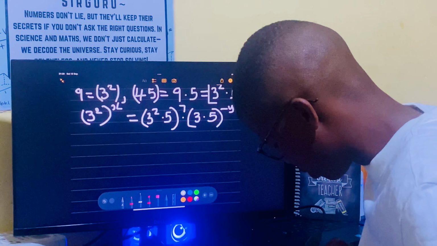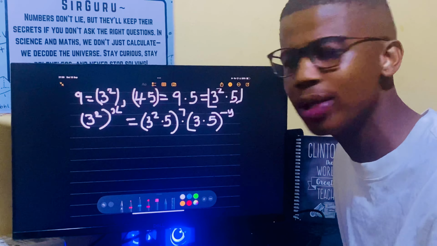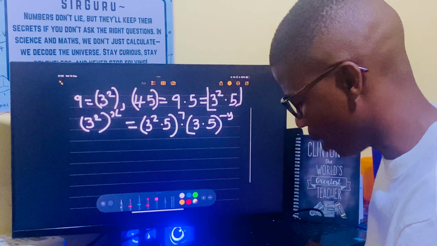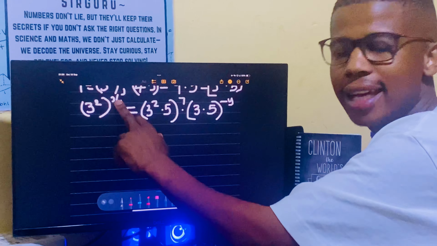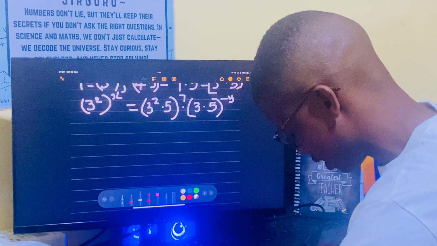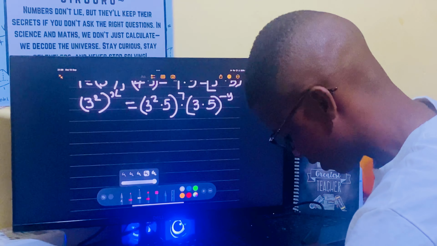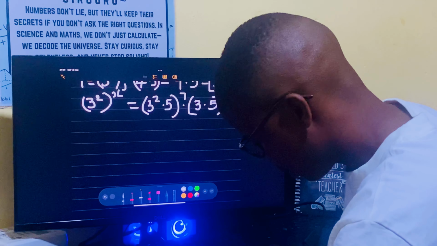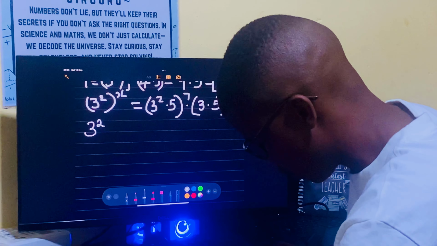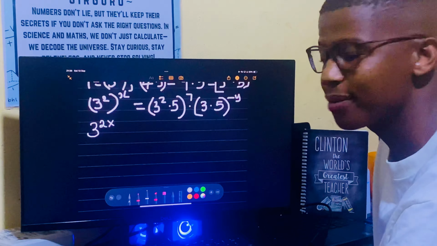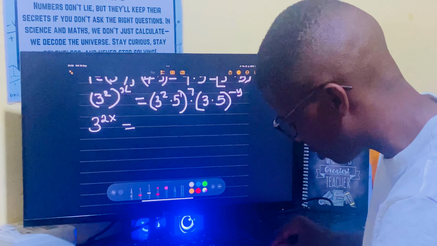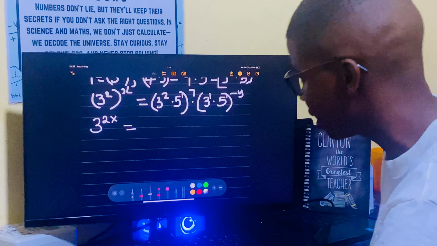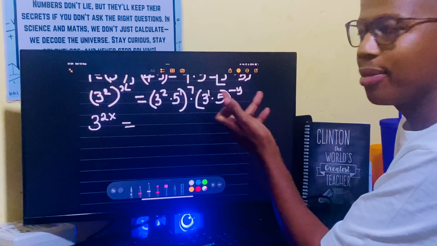Ladies and gents, as the rules of exponents say, the inside exponent will multiply with the outside exponent. So these two will multiply with that x, and we're going to have a new exponent of 2x. So we have 3 as the base, and the new exponent is 2x. And remember, if there's nothing on the exponent, it means it's 1. So I'm going to put 1s there on all my terms.